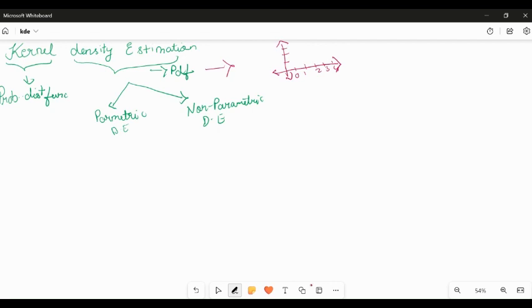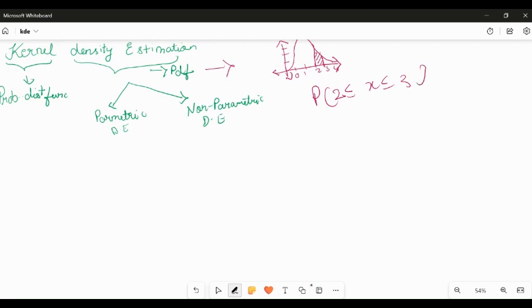If the distribution is something like this, and I need to find the area between the range 2 and 3, by using the probability density function we can easily find it, for 2 to x to 3.